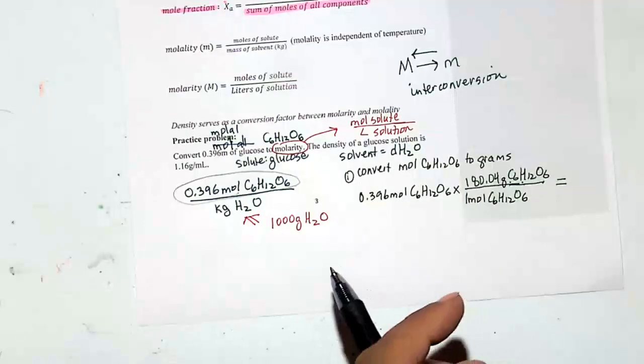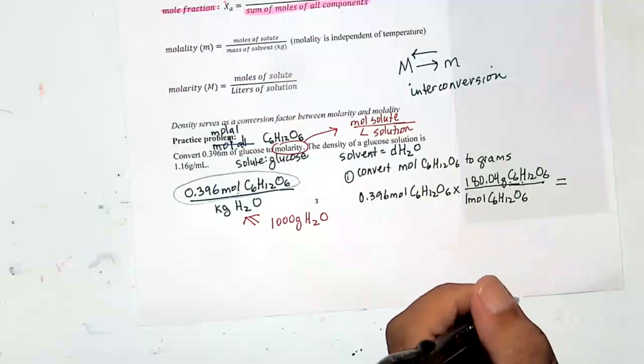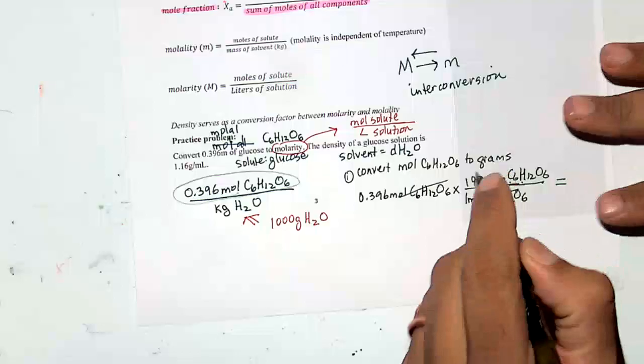This is a rough number. Adding them up, I got about 180.04 grams in 1 mole. The moles cancel.